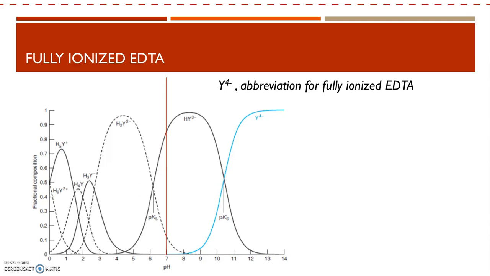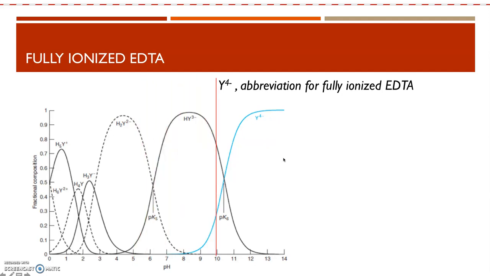If we use the deionized water that's in lab, the pH of that water is actually around 5, and so that is worse. We actually have much less usable EDTA, and that H2Y2- is not going to bind with metal ions very tightly at all. So we need to be at very high pH in order for this reaction to occur.